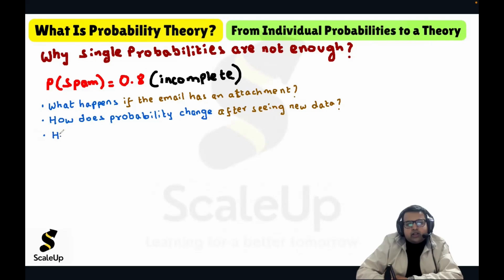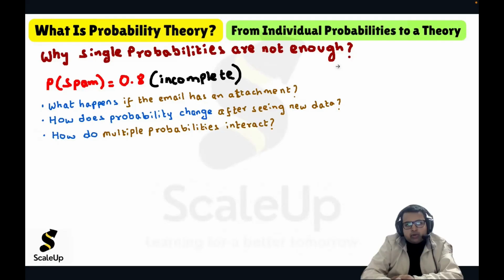And we are not considering how multiple probabilities interact. That's why single probabilities are not enough. In real-world scenarios, multiple events interact with each other, and so multiple probabilities interact with each other.